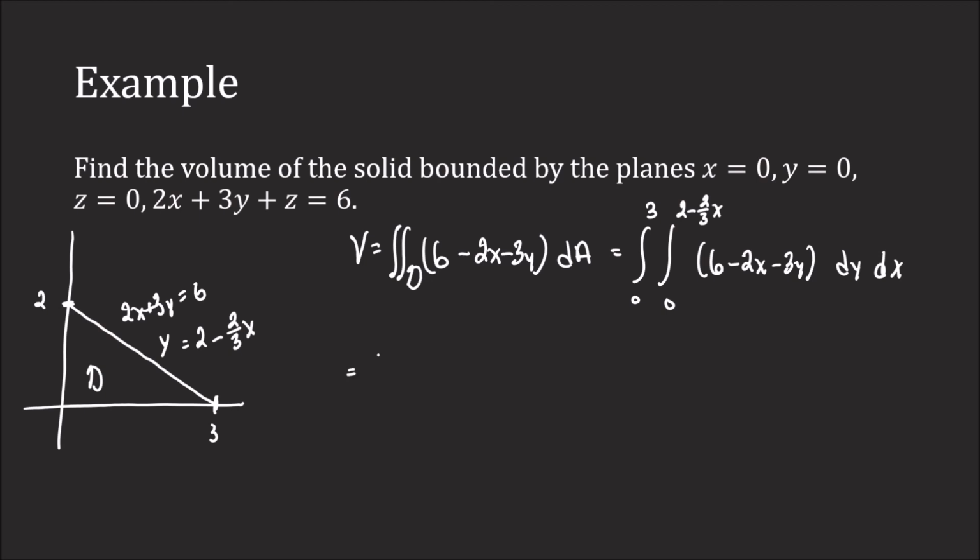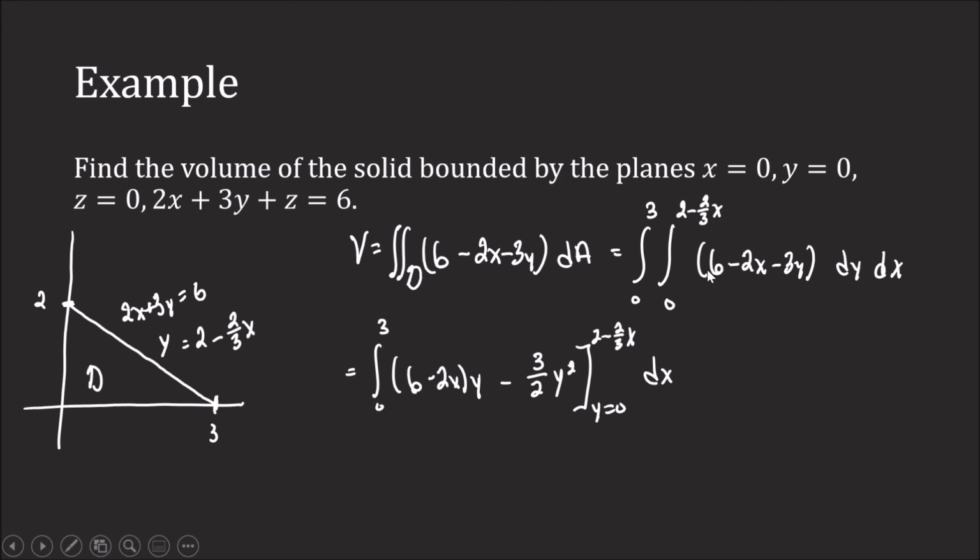So this is the integral from 0 to 3 of 6 minus 2x times y minus 3/2 y squared, y from 0 to 2 minus 2/3 x. Right, so the reason for this is we can just represent 6 minus 2x as a function of x. It's a constant, right, with respect to y.